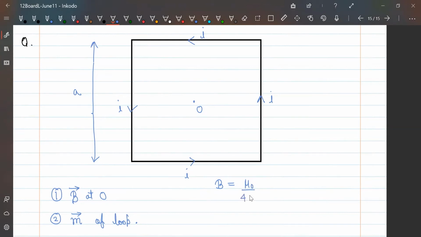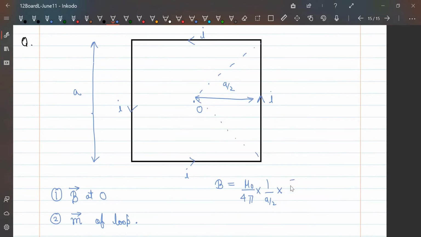So it will be mu naught by 4 pi, and distance will be a by 2. And each of the points is making an angle of 45 degrees.